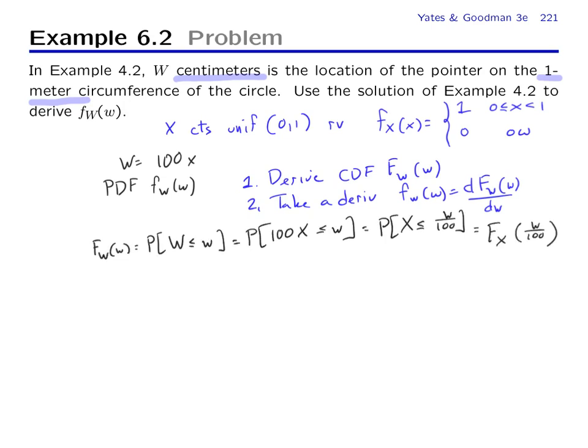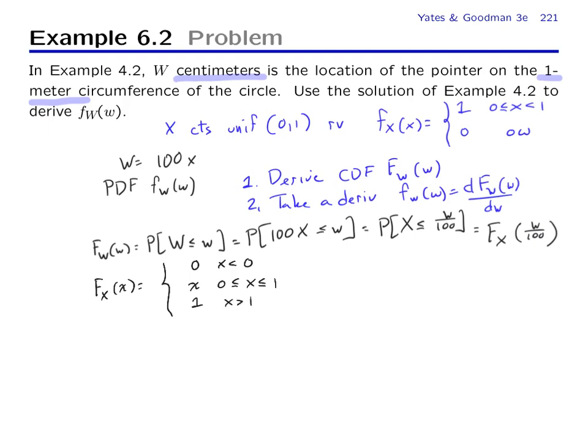The next step is to recall that when we have the continuous uniform PDF of x, which is 1 from 0 to 1, we in fact already know that the CDF of x is the ramp function F_X of x, which is 0 for x less than 0. It's equal to x for 0 less than or equal to x less than or equal to 1. And it's equal to 1 for x greater than 1.